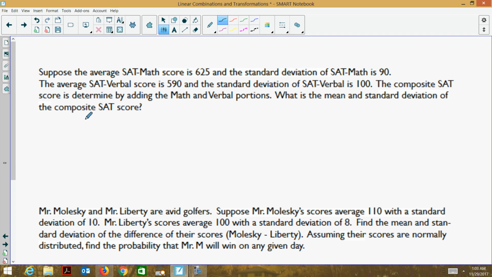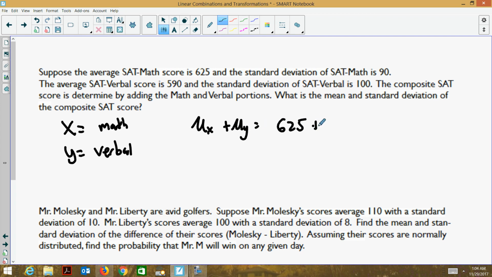Well, say the x variable is math, y is verbal. So we just add the means together. 625 plus 590. So the total score is 1215.